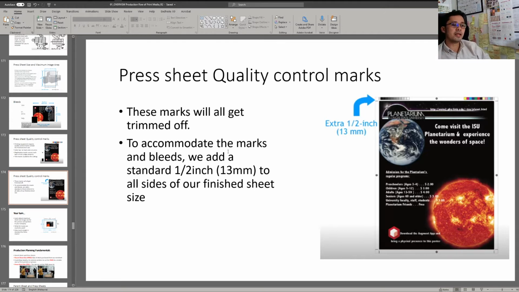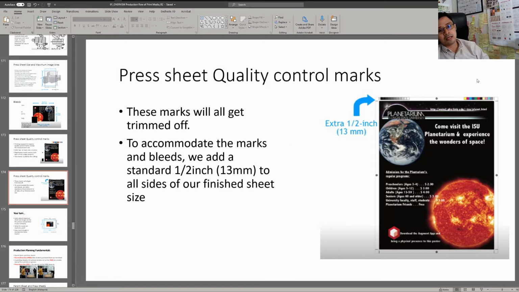Jadi to accommodate the marks and bleeds, we add a standard 1/2 inch to all sides of our finished sheet. This is a common understanding lah. Common understanding about the margin, about the space that we need to allocate.